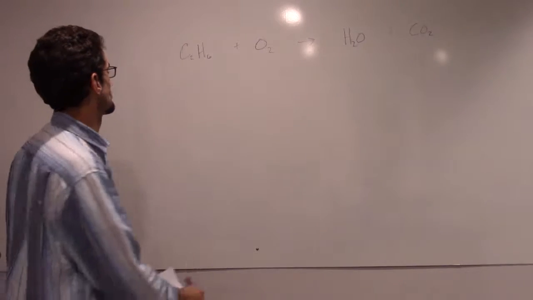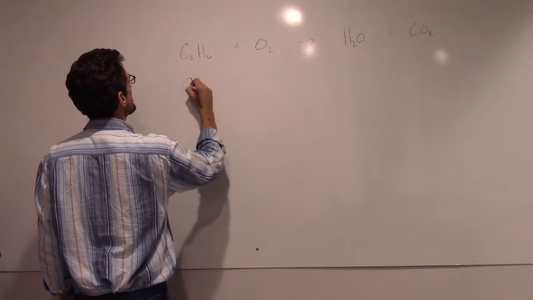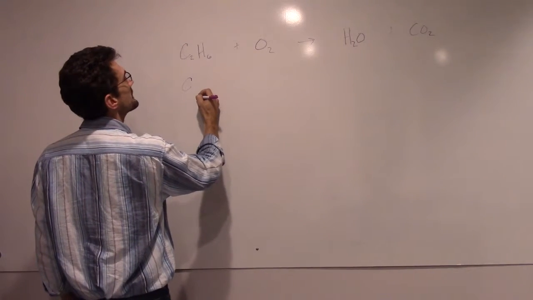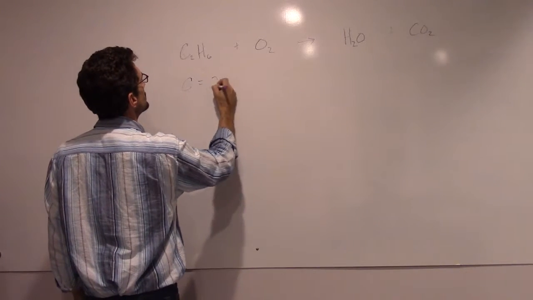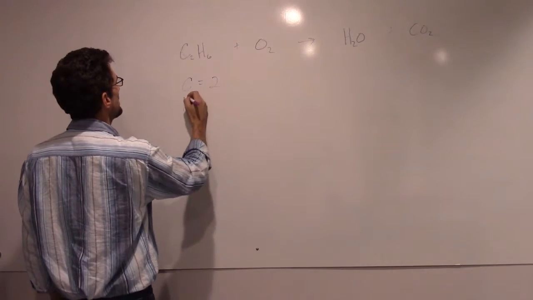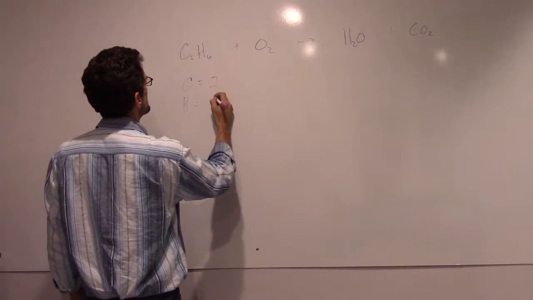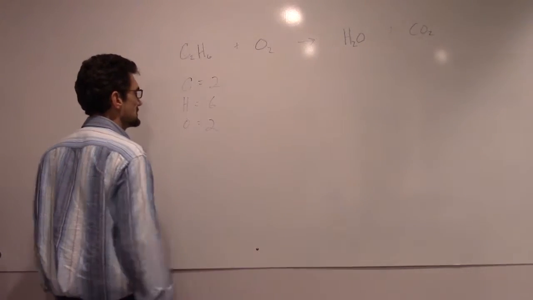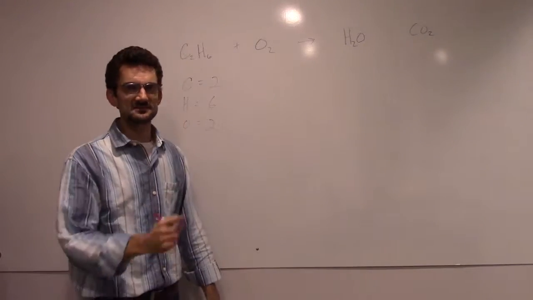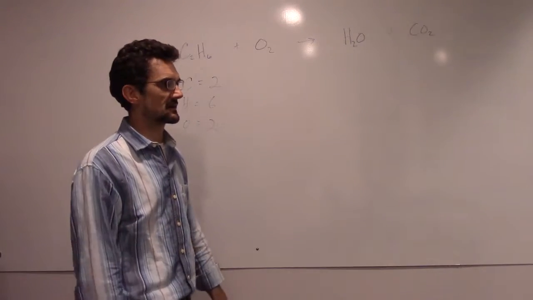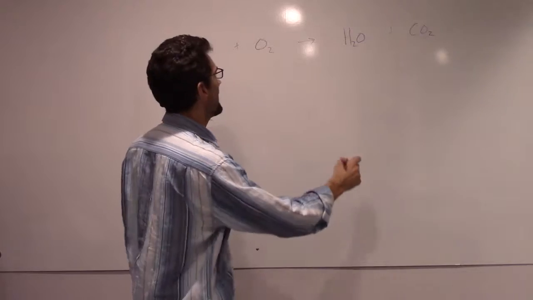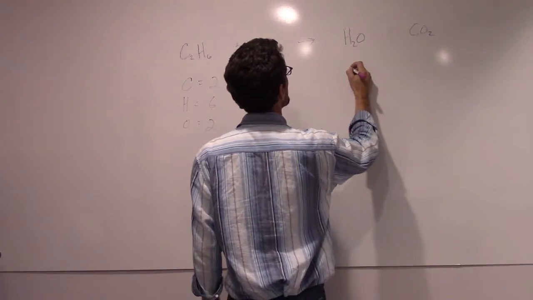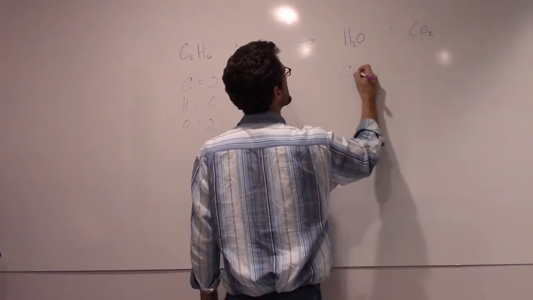Is it balanced? Well, let's just see. How many carbons do we have? 2. On this side, how many hydrogens do we have? 6. How many oxygens do we have? 2. How many carbons over here do we have? 1.